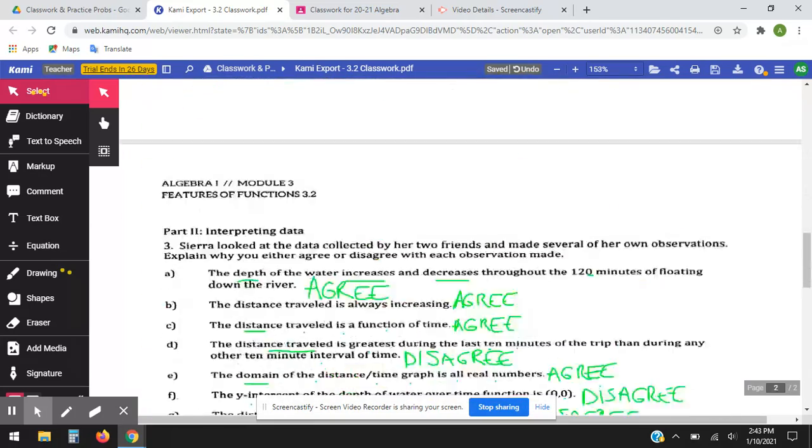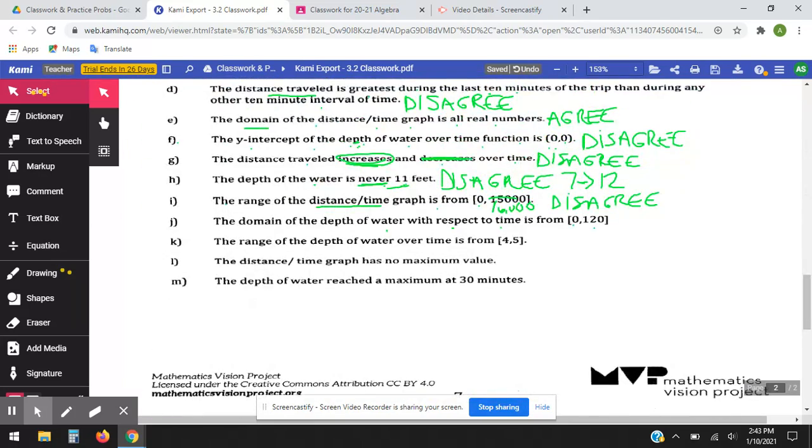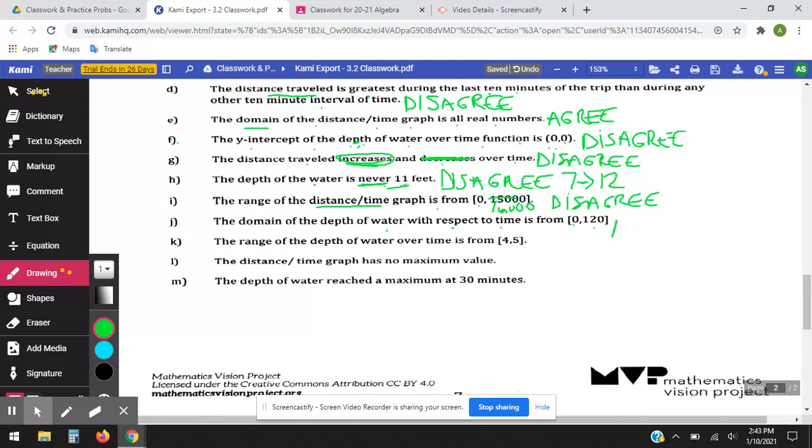Yes, it is. So we can agree with this one. Okay, the range of the depth of water over time is 4 to 5. No, I believe our range we said was 4 to 12, because it got to the depth of 12 at one point.